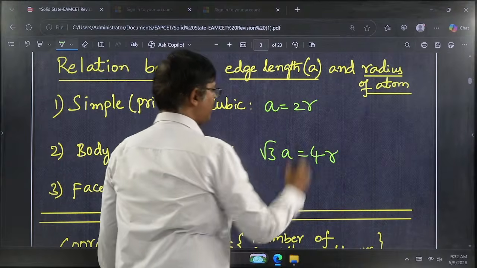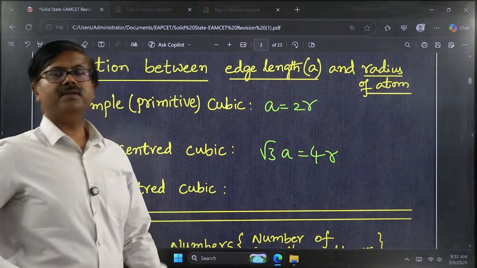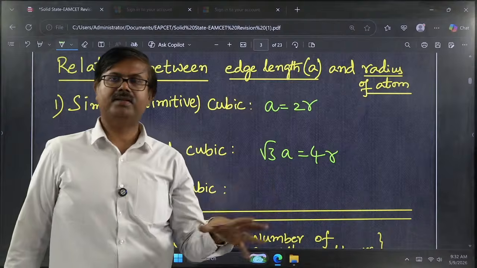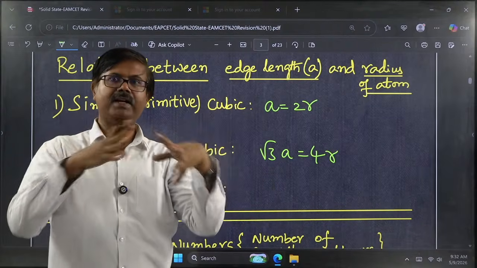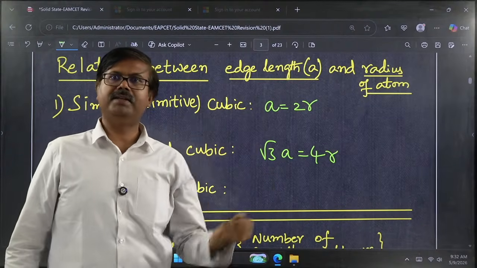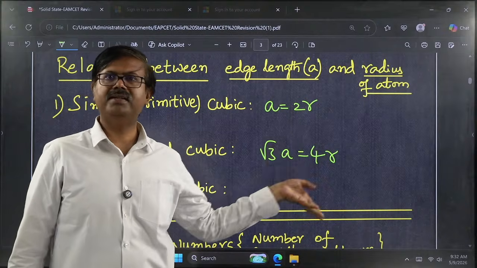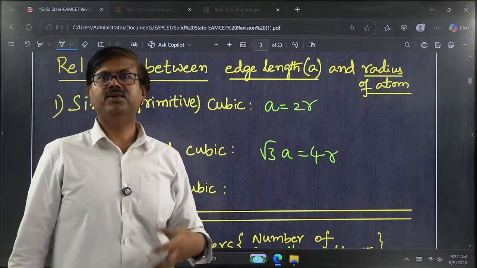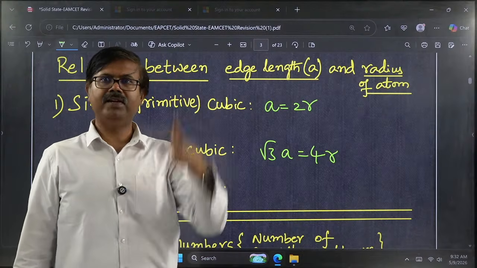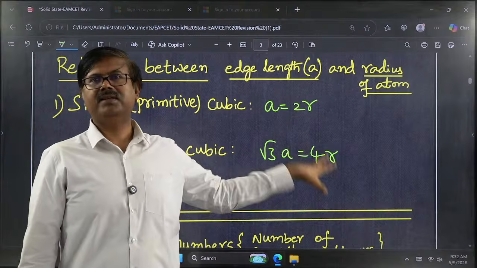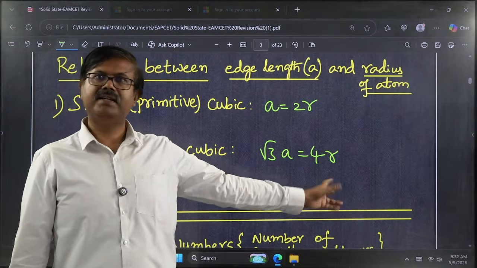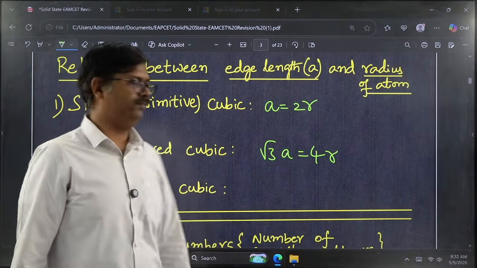I am not going into the derivation part, which can be derived from the structures. If you visualize the spherical atoms in a cube, from that you can get these relationships. Just remember these relations, it is sufficient. At this stage, there is no need to learn the derivations of these relations. Just remember the relations, that is sufficient to answer the problems.